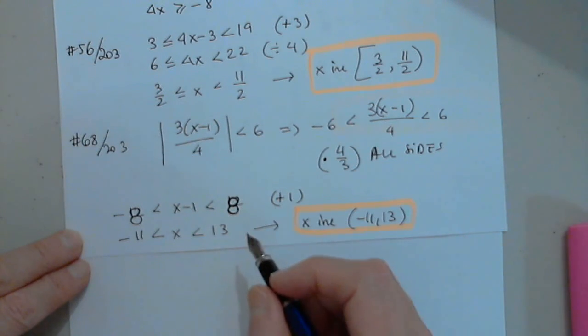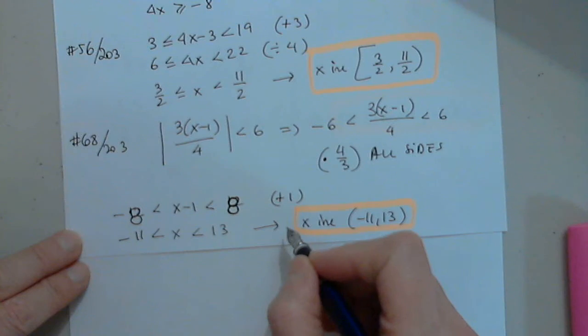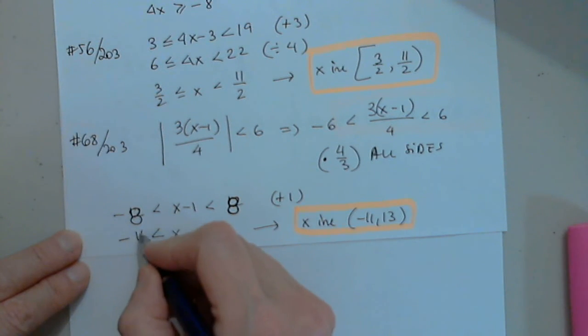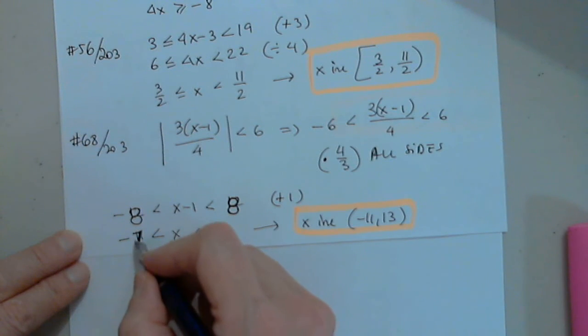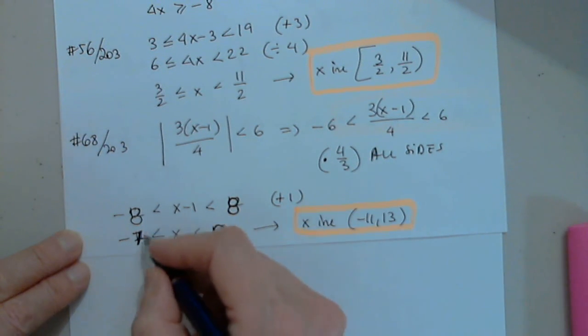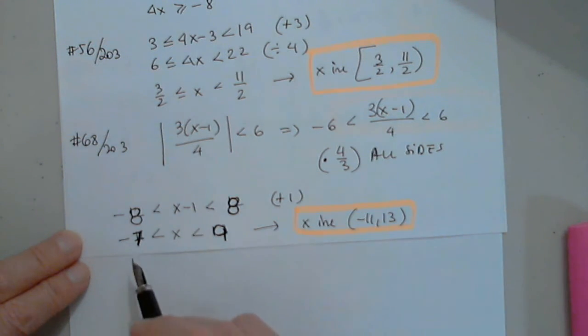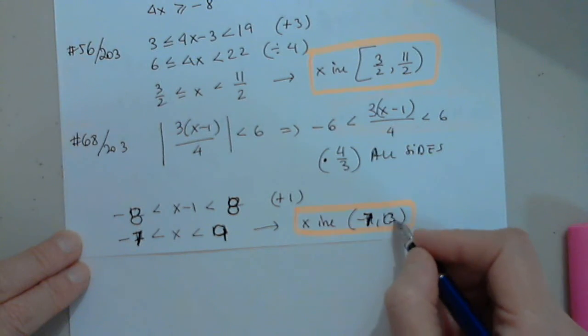So now we're adding 1. So I get negative, yes, that's correct now. So it's -7 because I'm adding 1, and here's 9. Oops. So a -7, sorry about that, and 9.